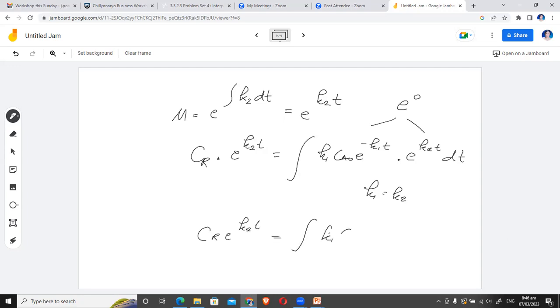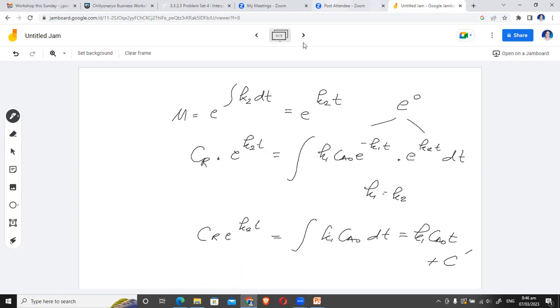You have k1 CAO, because this would be e raised to 0, which is 1, dt, which gives you k sub 1 CAO t plus a constant of integration, which we'll label as C prime to make it different from the C's that we have here.